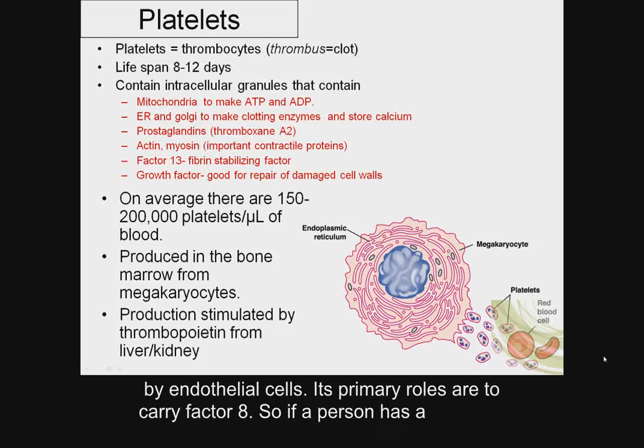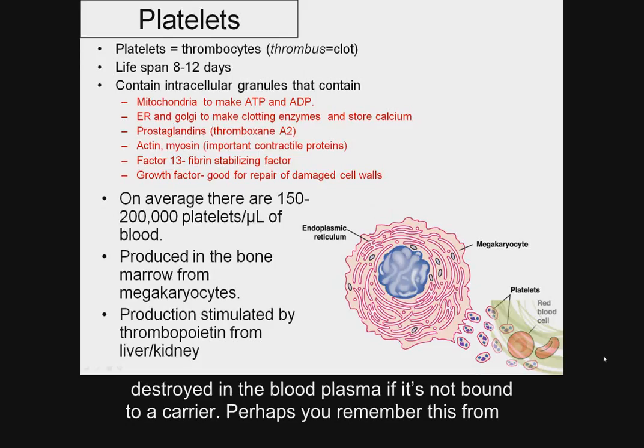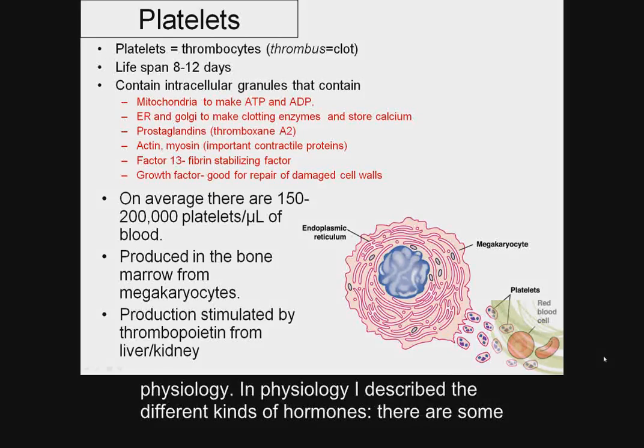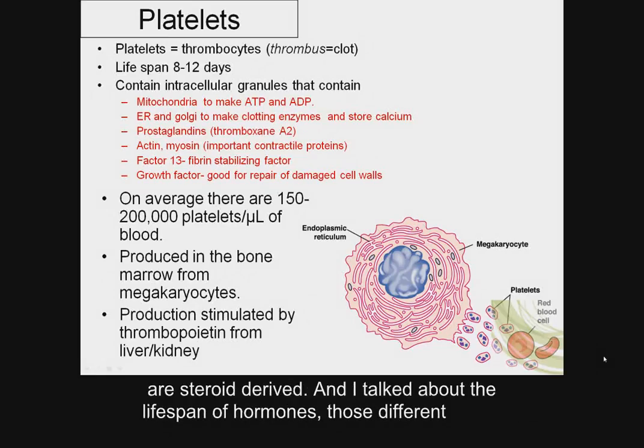Its primary role is to carry factor 8. So if a person has a deficiency in von Willebrand, they will also have a deficiency in factor 8, because factor 8 is quickly destroyed in the blood plasma if it's not bound to a carrier. Perhaps you remember this from physiology. In physiology, I described the different kinds of hormones. There are some that are amino acid derived, there are some that are protein derived, and there are some that are steroid derived, and I talked about the lifespan of hormones.